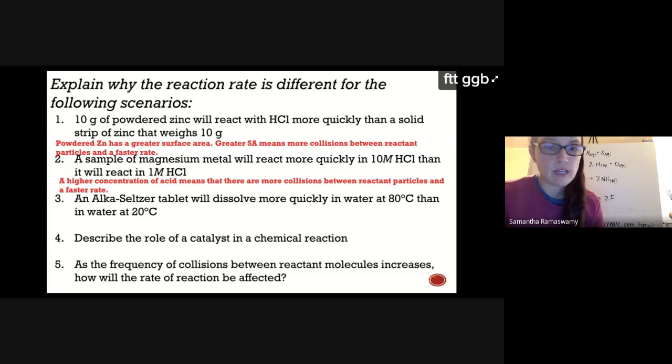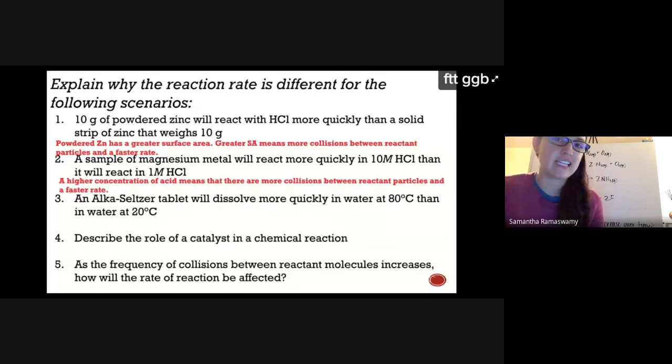So for number 3, an Alka-Seltzer tablet will dissolve more quickly in water at 80 degrees than in water at 20 degrees Celsius. So you could try this at home. If you have Alka-Seltzer at home, heat up some water and verify that this is happening. So again, look at what is different. Temperature is different.